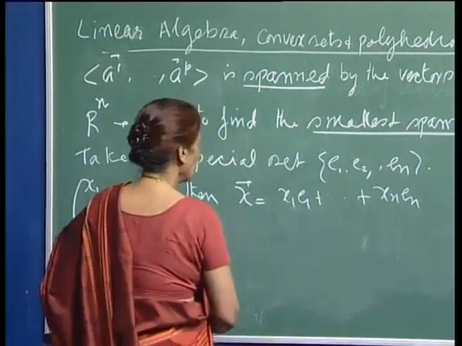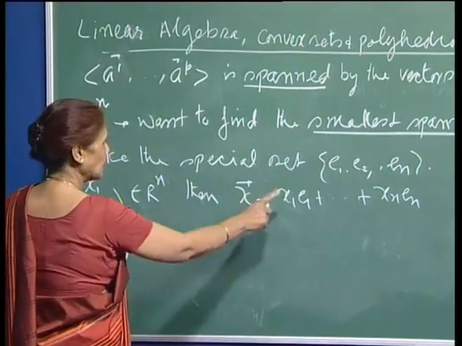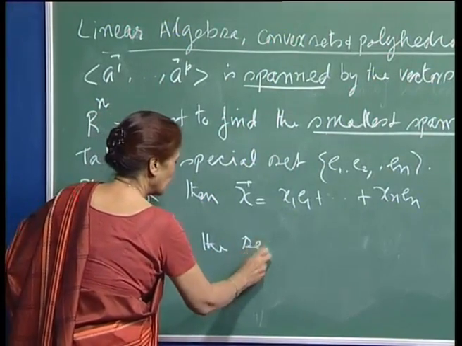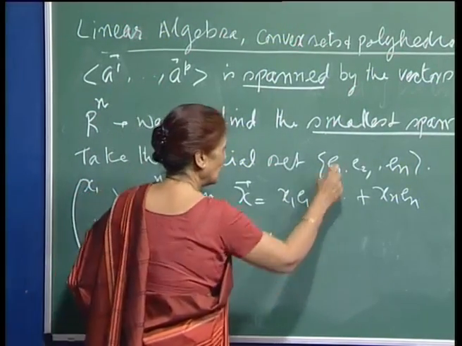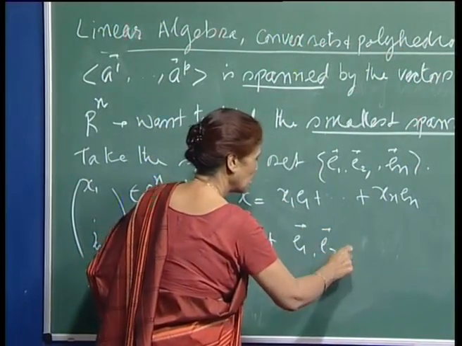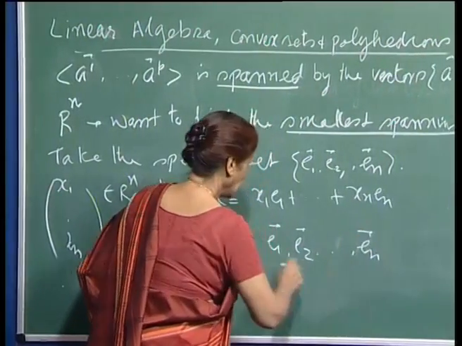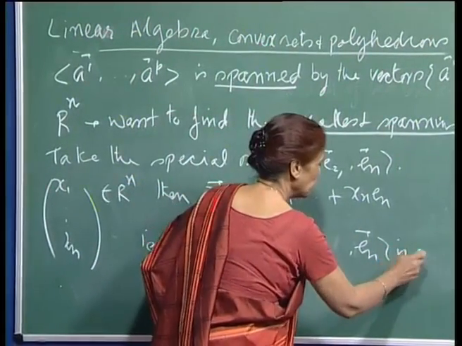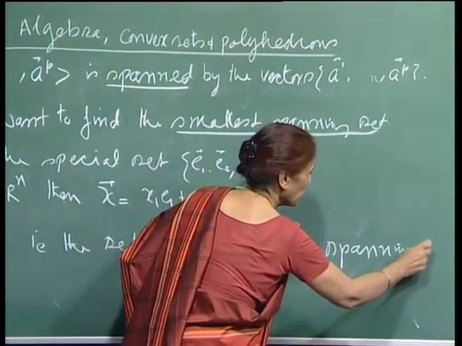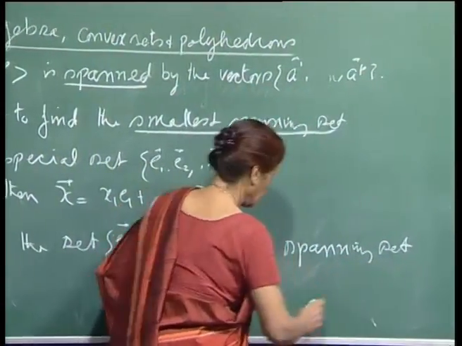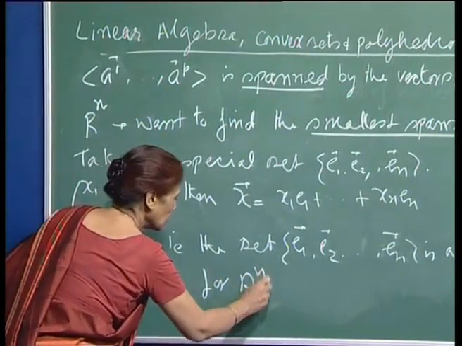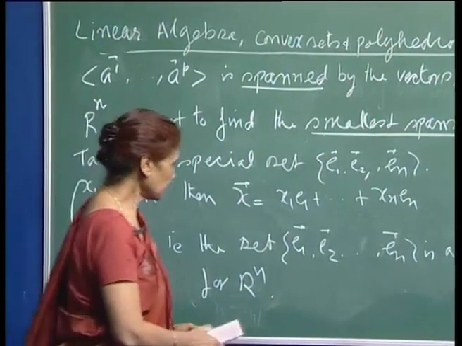And you can also show that this set E1 to En, okay, I did not write it, but it is understood and sometimes I may forget, but these are the vectors. So this is a spanning set for Rn, okay.